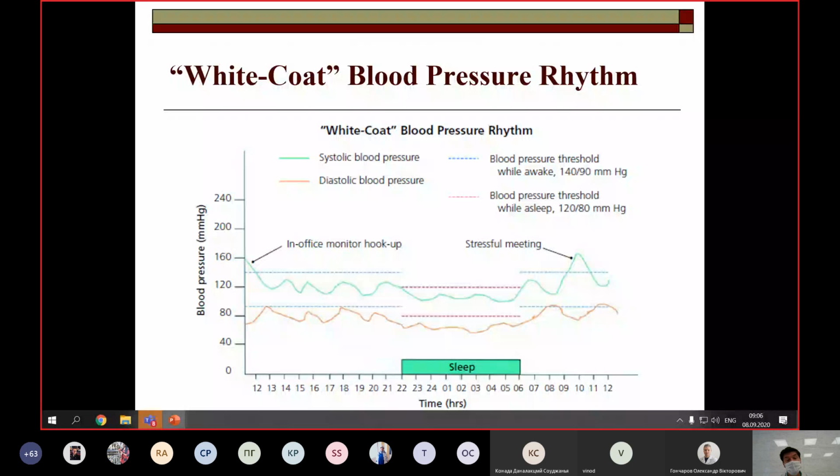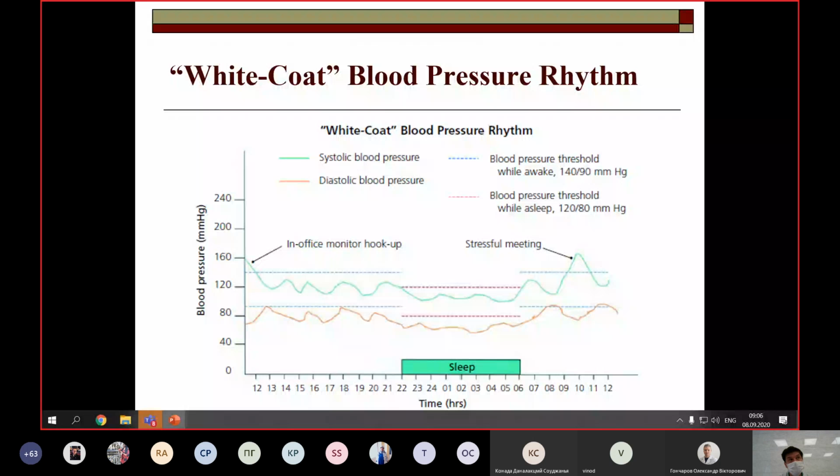So this profile indicates that the patient without stressful factors might have a normal BP, and after influence of this factor, BP can increase and the patient might be mistakenly qualified as hypertensive. The big question is whether the patient with isolated white coat hypertension should be treated the same as other patients with chronic systolic and diastolic hypertension.